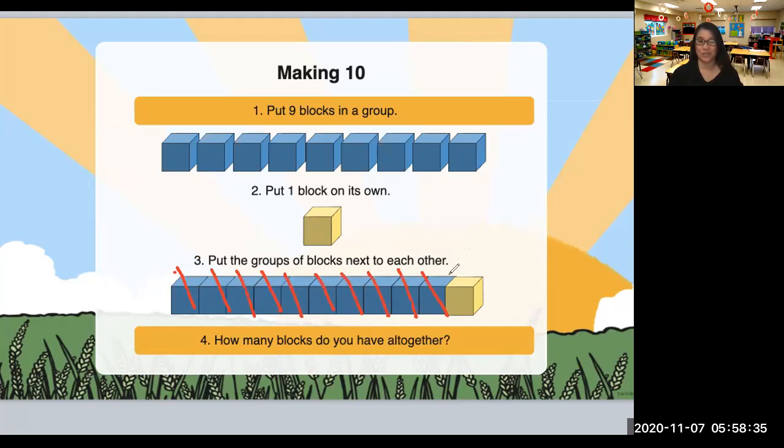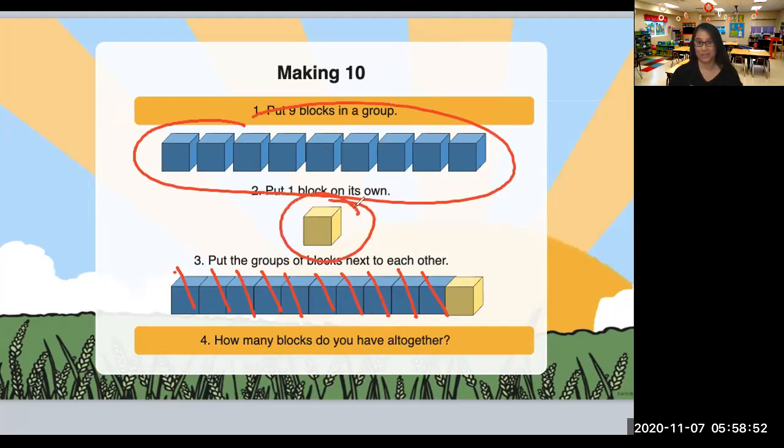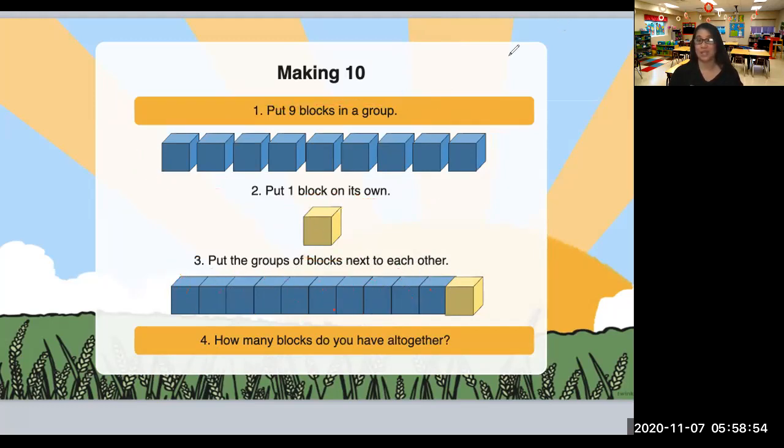Very good. You have 10 blocks together. So when you put them all together, remember you have a group of 10. You have 9 blocks here and 1 block together. That makes a group of 10.